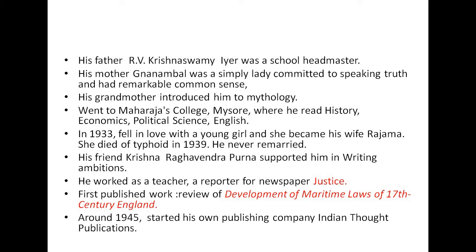In the year 1933, he was in Coimbatore, and he saw this young girl, very docile looking, shy girl, and he fell in love with her. Although he was not earning anything at that time, he was convinced that he was going to marry this girl, and her name was Rajamma.